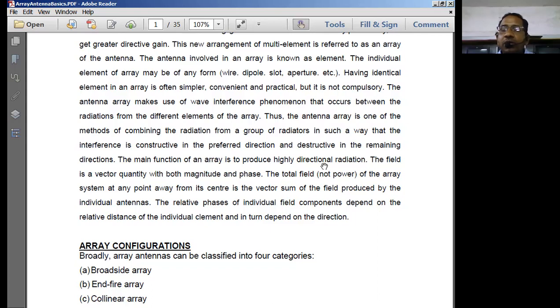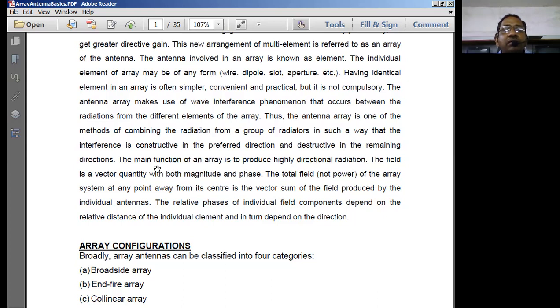Similarly here we have an array of antennas. Now the sizes of the antennas and the spacing between the antennas need not be the same for all the elements of an antenna. The individual antennas in the antenna array are known as elements of the antenna. That is very important. And the entire antenna is called an antenna array.